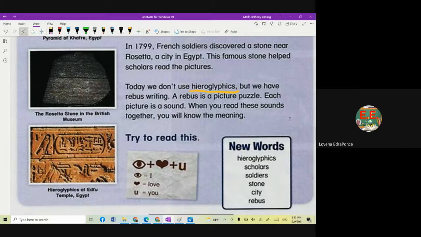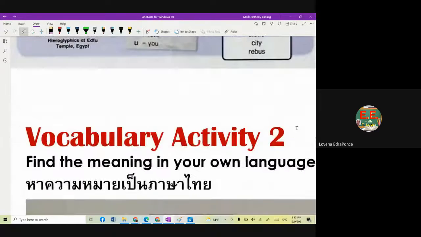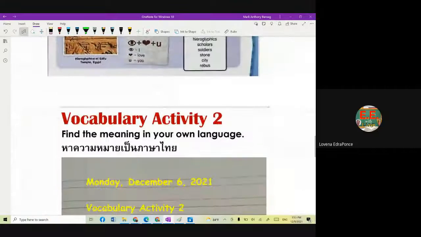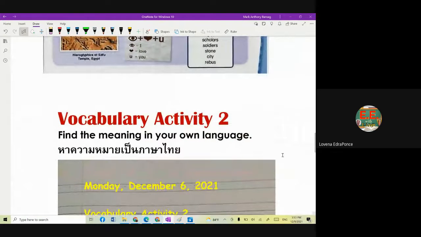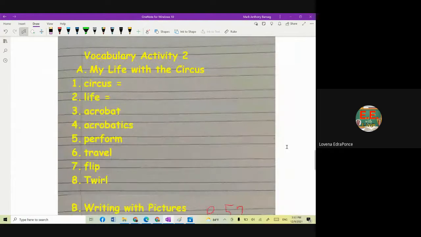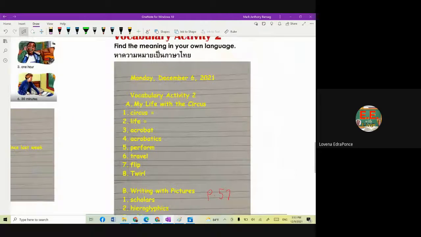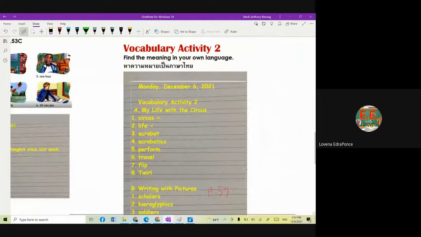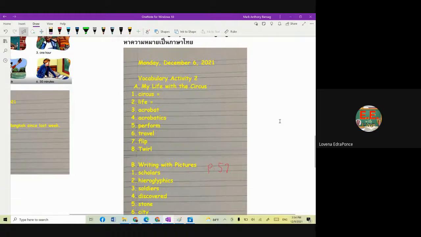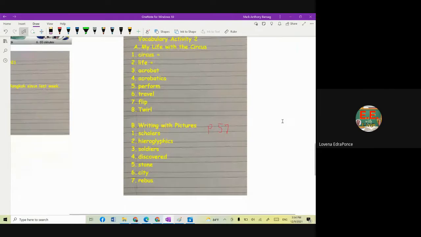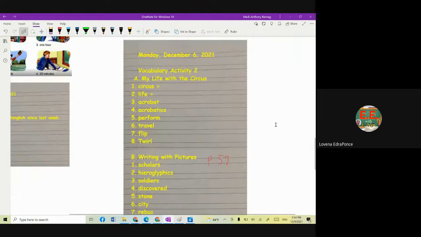All right. So your activity is to find the meaning of the words from our reading. Write them in your notebook. Check from a dictionary or on Google online. Write in your notebook and upload in Google Classroom.